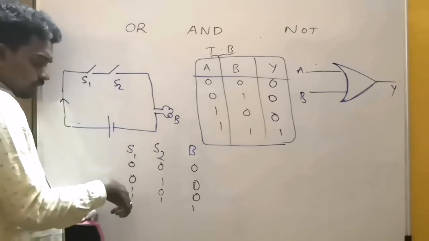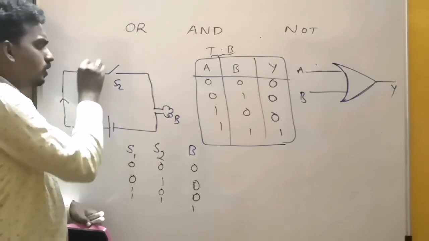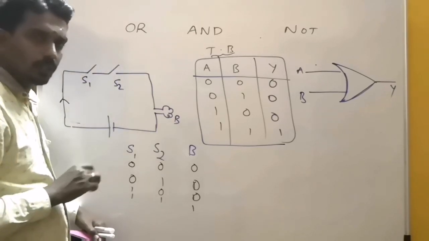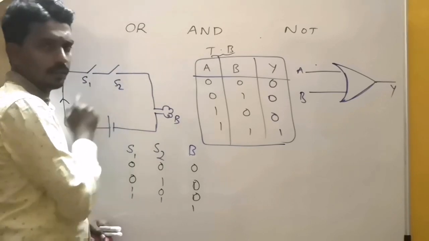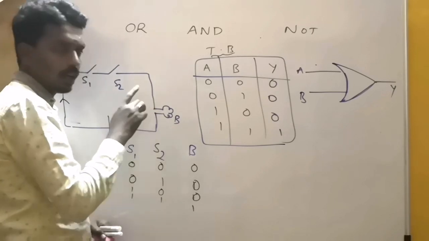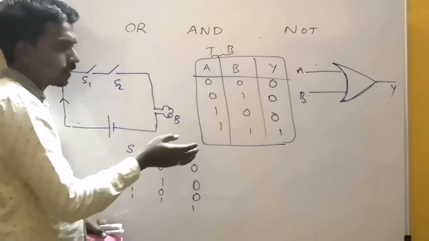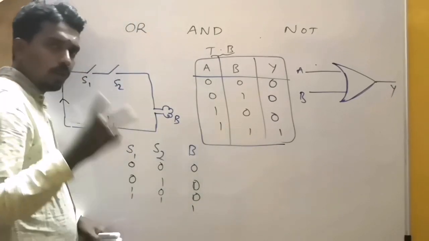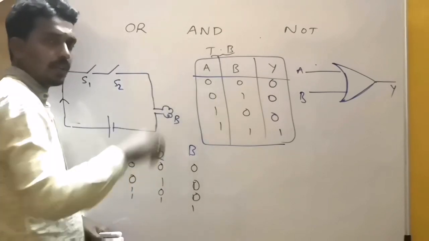Now the fourth one is 1, 1. Both inputs you are giving, that means both switches are closed, so both are 1, 1. Then the circuit is completed. Then current will flow through the circuit and the bulb. Then the bulb will glow. That means only when both inputs are on, then only the output is coming.